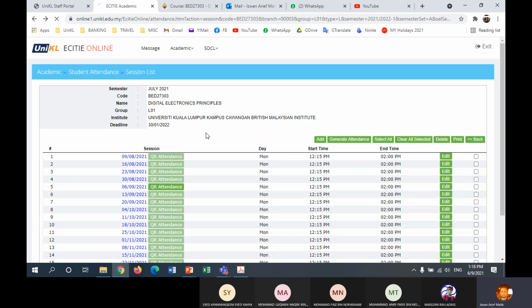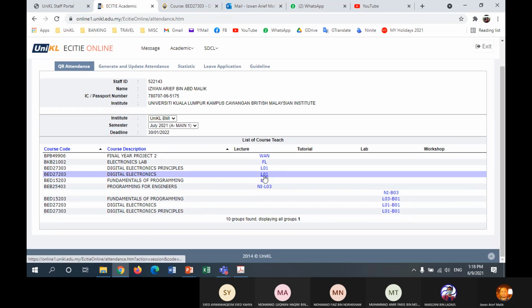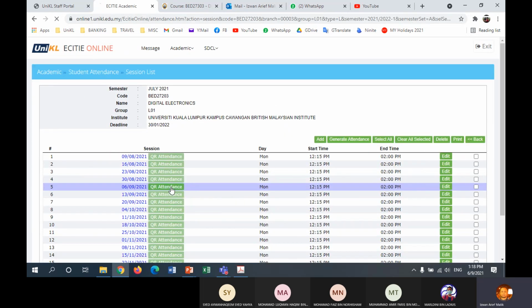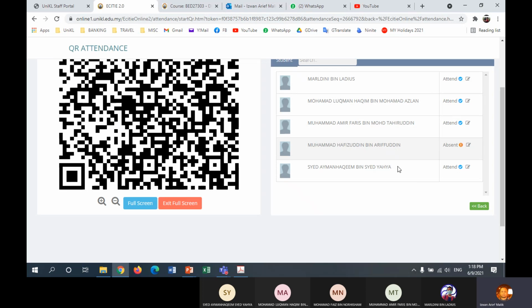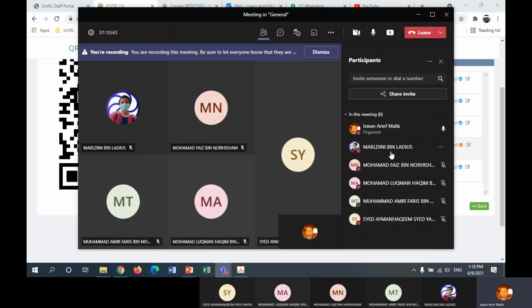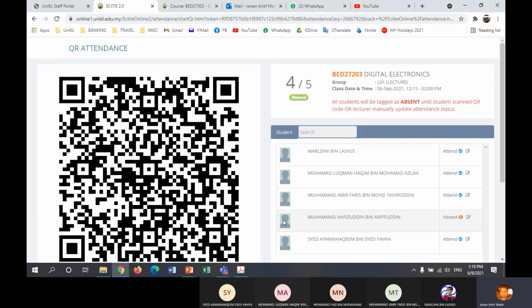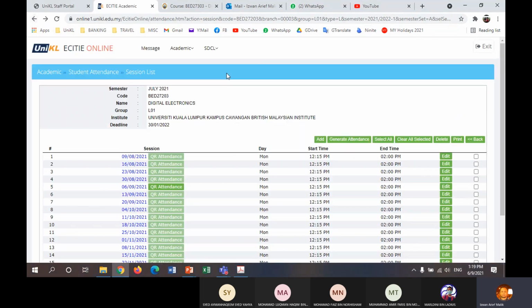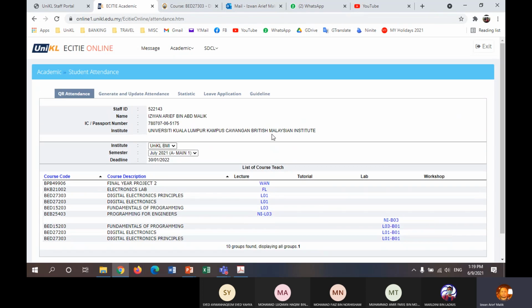And then the other one is Digital Electronics. Okay, the rest of you please scan. Okay, Muhammad Hafizuddin ada ke? Hafizuddin? Tak ada. Okay, tak apa. So, saya ambil dulu attendance kat sini. Okay, so only one student is missing. Tak apa, nanti saya akan check balik lah attendance ni.